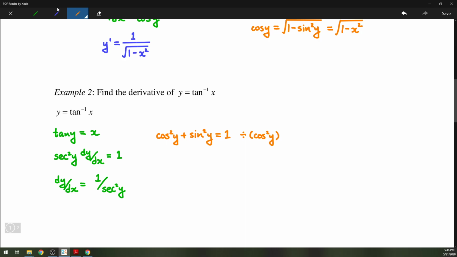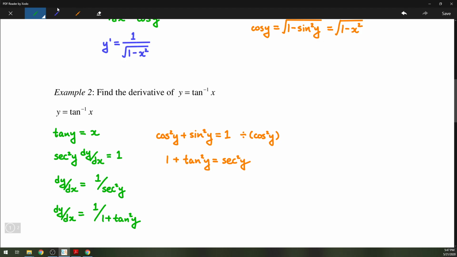So now we get 1 plus tangent square y is equal to secant square y. So if we go back to the derivative, dy dx is equal to 1 over 1 plus tangent square y.